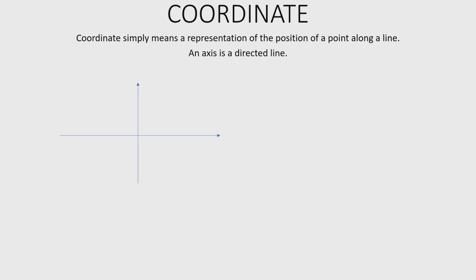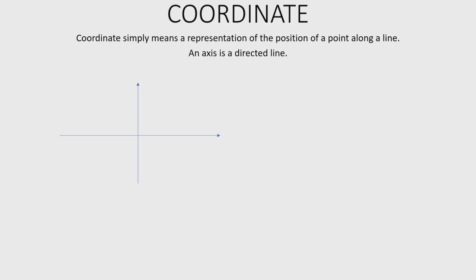Now, under plane geometry we're going to be looking at coordinates. Coordinates simply means a representation of the position of a point along a line.